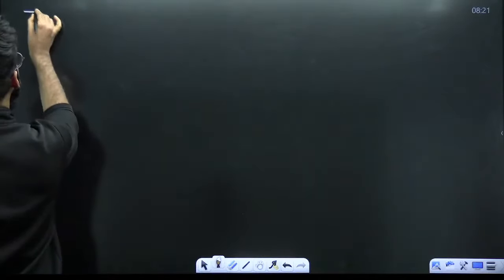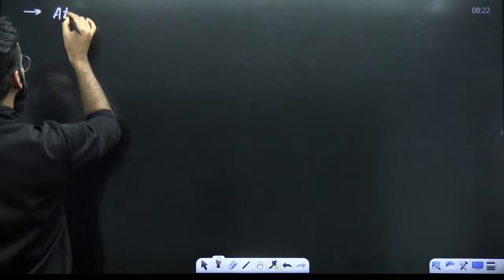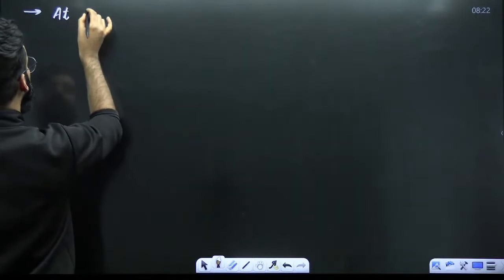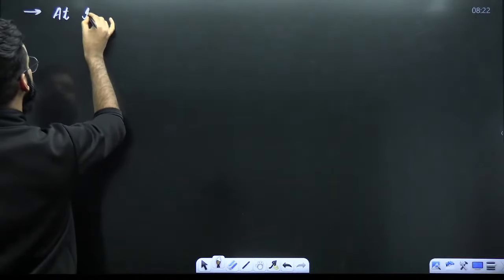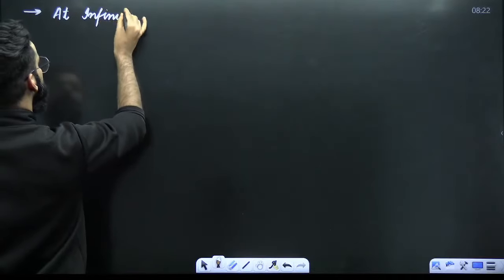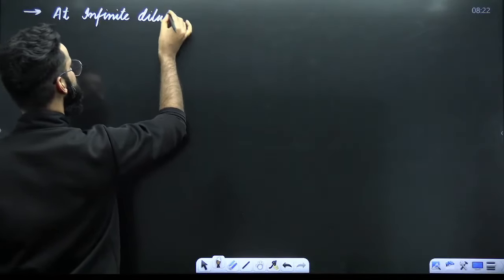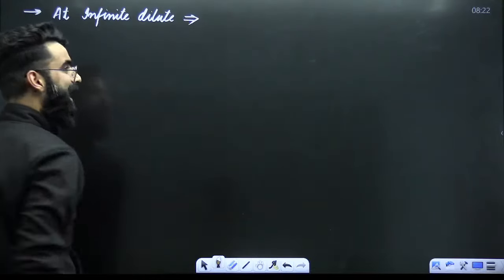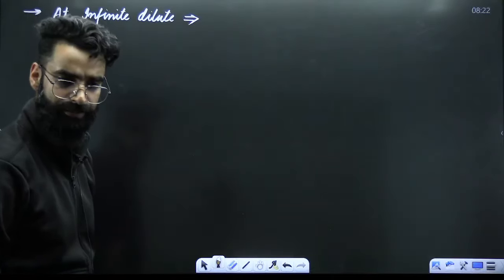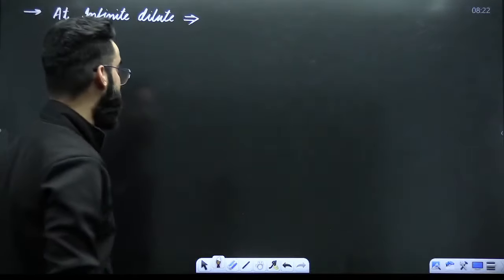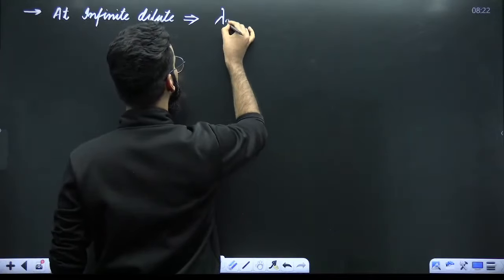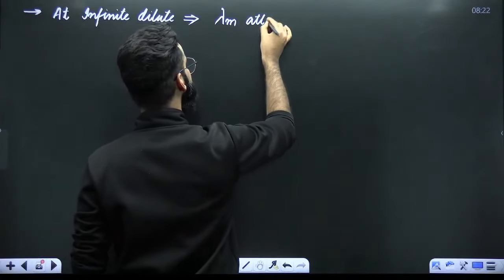So I'll write it over here. If I keep on doing the dilution continuously, there will be a point which we call infinite dilution. So at infinite dilution, the distance between the ions is infinite. Force of attraction is 0. Ions will move freely. I'll say lambda m, molar conductivity, attains its maximum value.